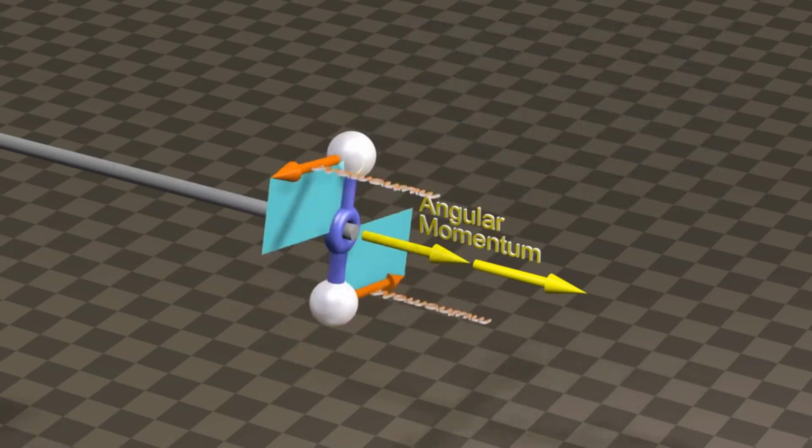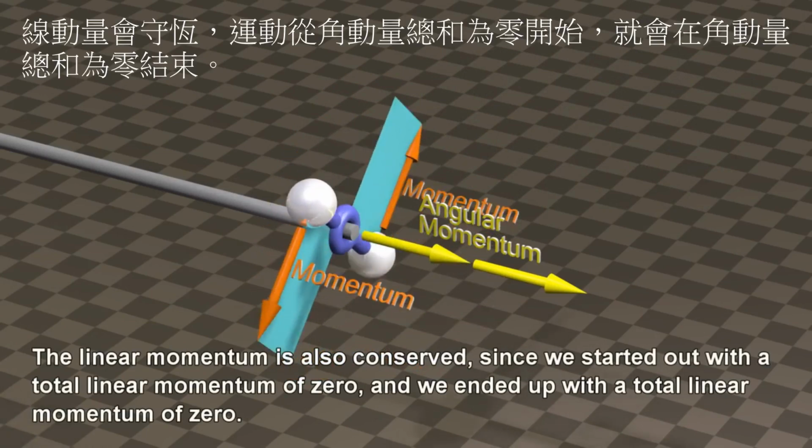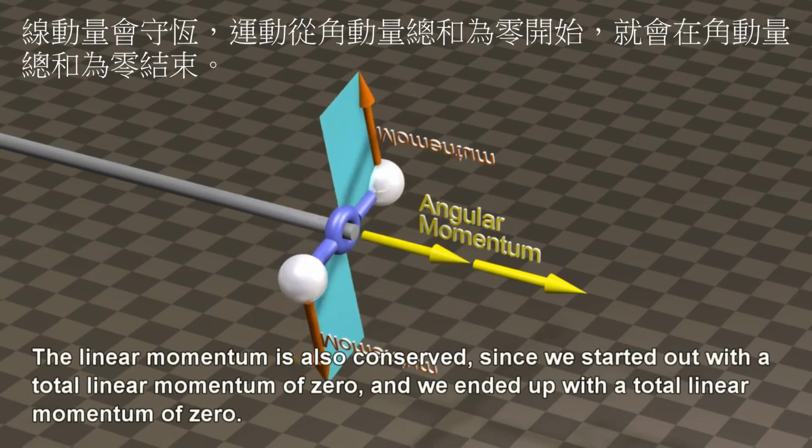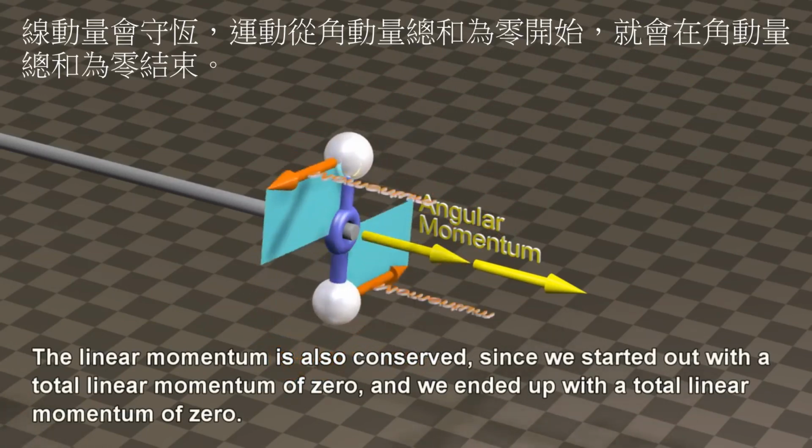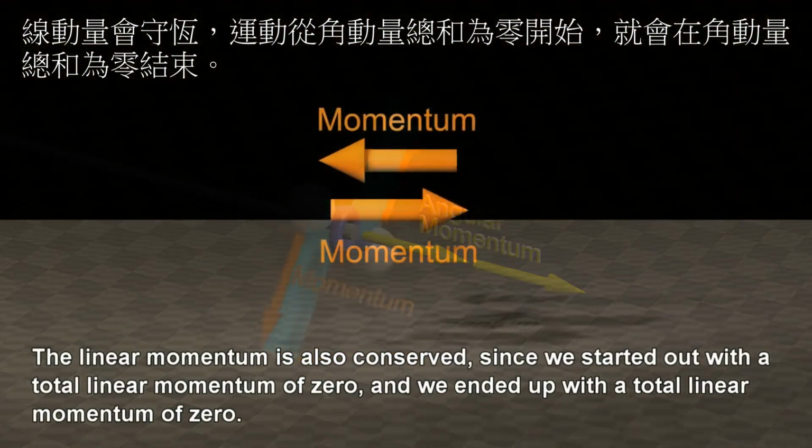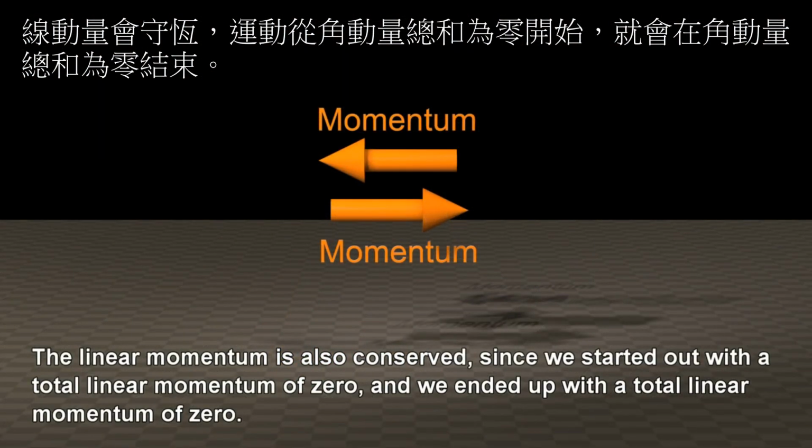The linear momentum is also conserved, since we started out with a total linear momentum of 0, and we ended up with a total linear momentum of 0.